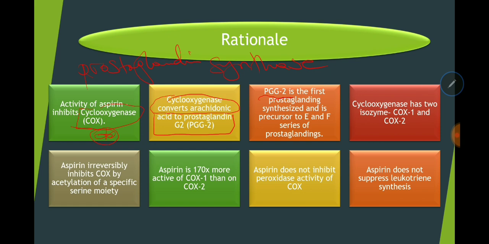Cyclooxygenase has two isozymes, meaning it has two types of enzymes, okay? So you have COX, cyclooxygenase 1, and you have cyclooxygenase 2. Aspirin usually, okay, irreversibly, you have to make sure you understand, irreversibly inhibits cyclooxygenase by acetylation of some of the serine moieties in the cyclooxygenase.